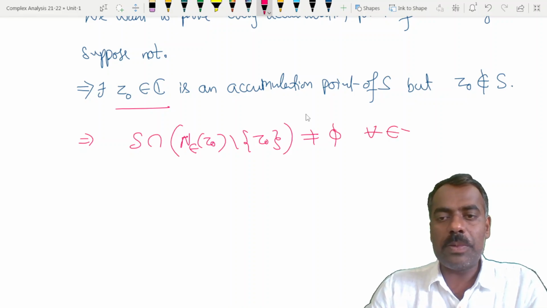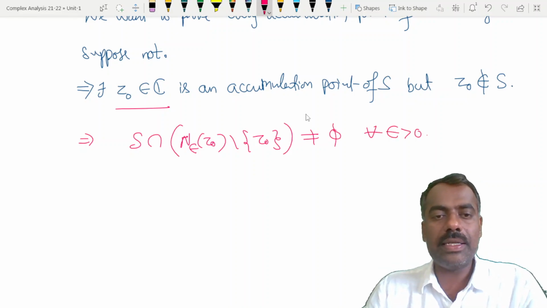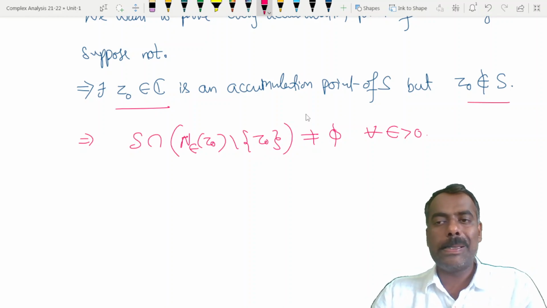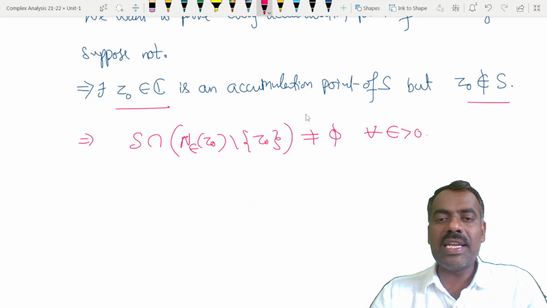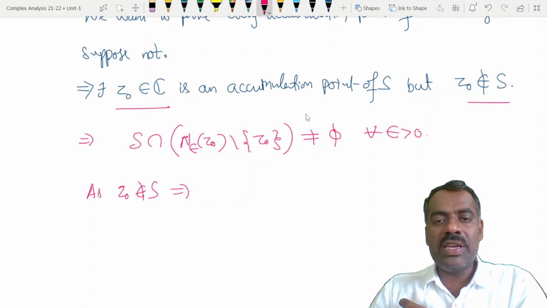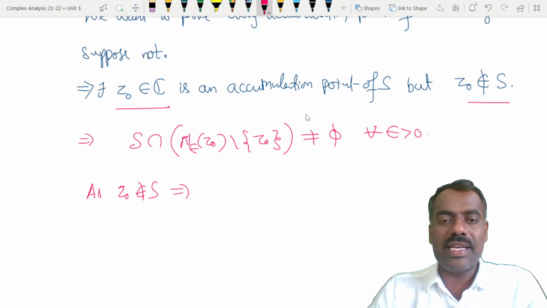This is true for all epsilon greater than 0. Now remember, this Z naught is not in S. So as Z naught is not in S, even if I include Z naught, that is N epsilon Z naught, then also it is non-empty. That means this is still true or not?